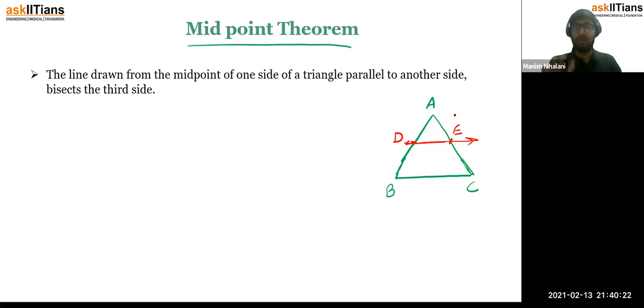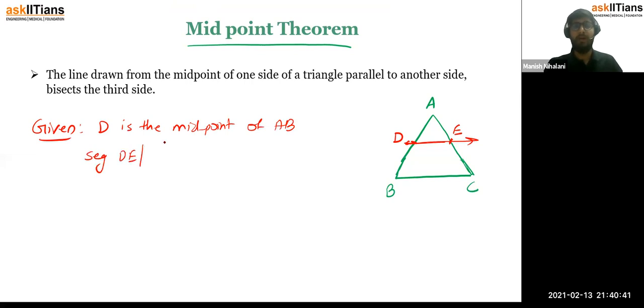So we are talking about three different sides. D is the midpoint of AB, which is what we are given. Now segment DE is parallel to side BC.